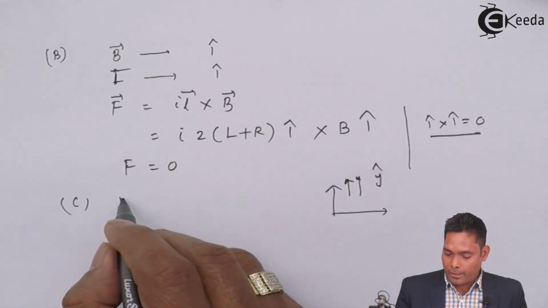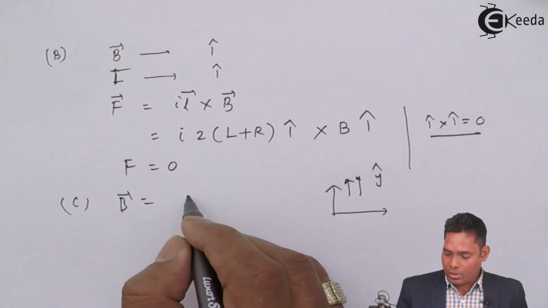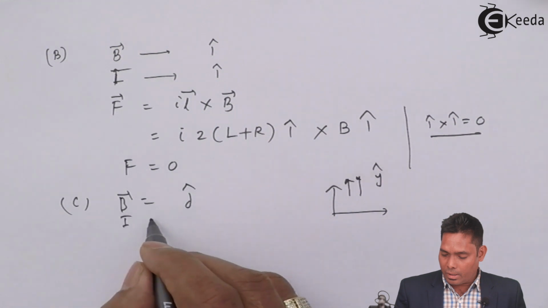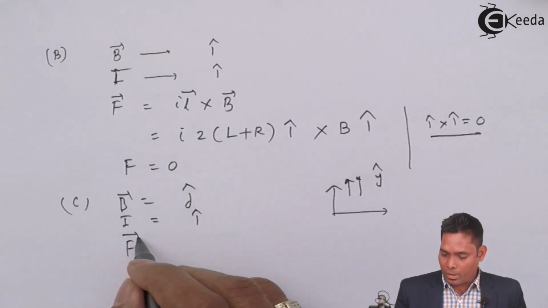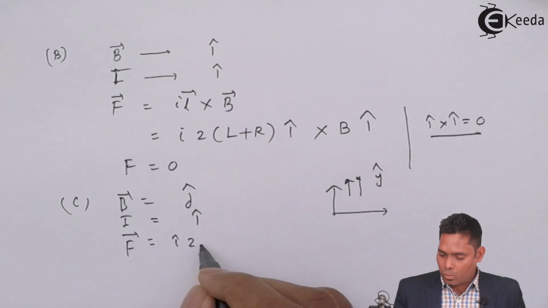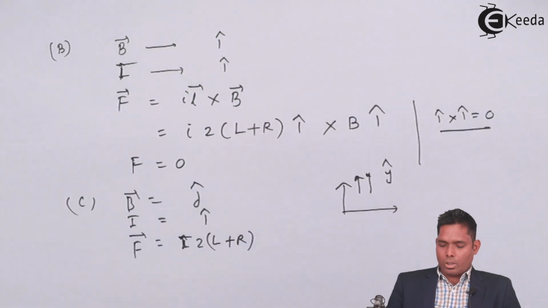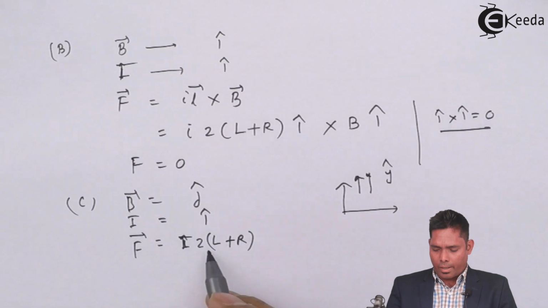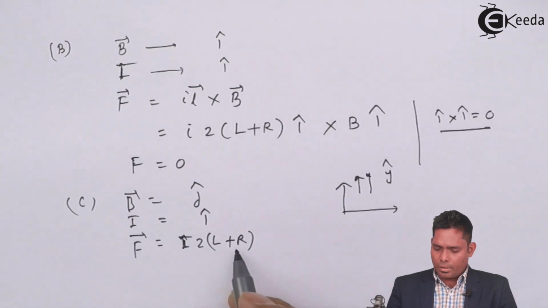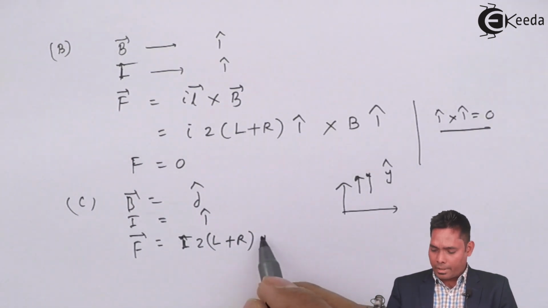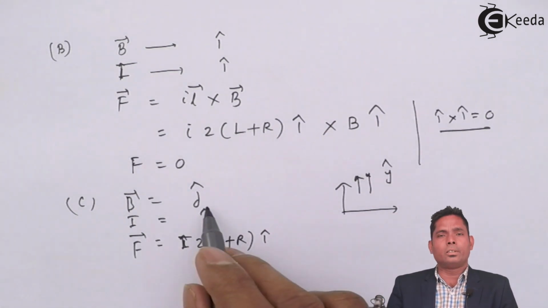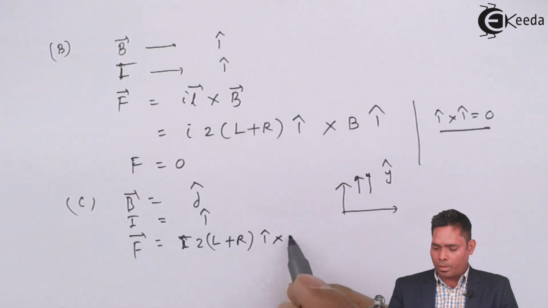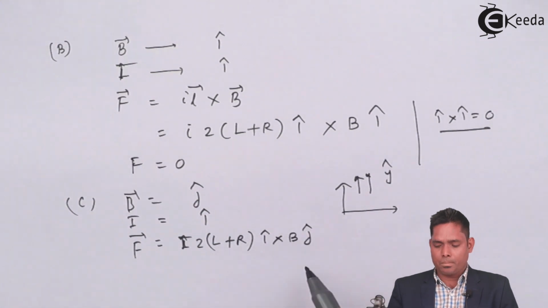B is in the j cap direction, I is in the I cap direction, so F is 2I (L plus R) in the I cap direction, and the magnetic field is in the j cap direction, so cross product with B j cap.